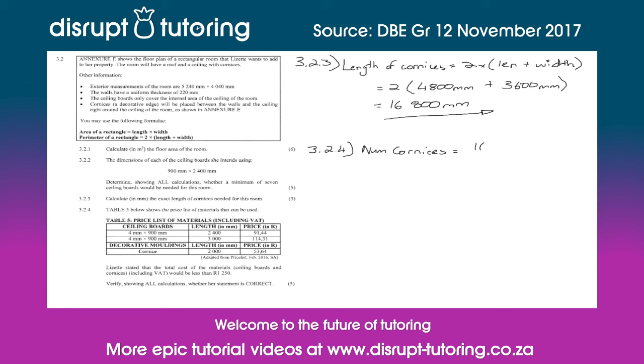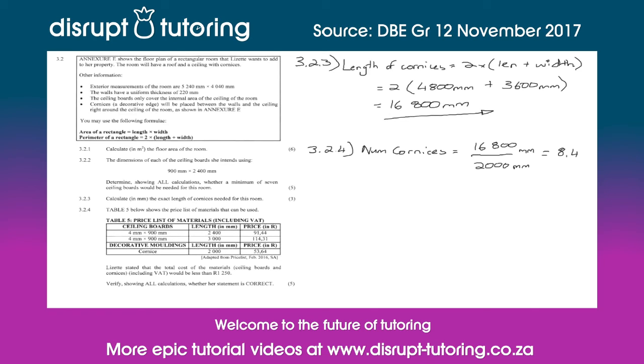So we know that the total length is 16,800. So we need to divide it by what one standard length is, which they said is 2,000 millimeters. So the total length divided by the length of 1, which would equal in your calculators 4,8 cornices.